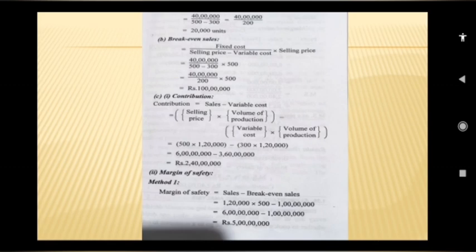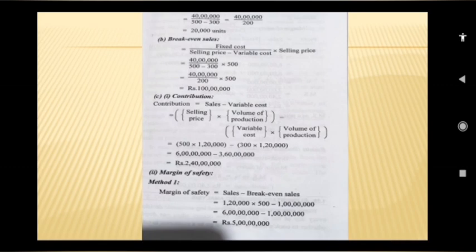Break even sales: fixed cost divided by selling price minus variable cost, into selling price. We found 20,000 units, multiplied by selling price 500, gives 1 crore for the break even sales.